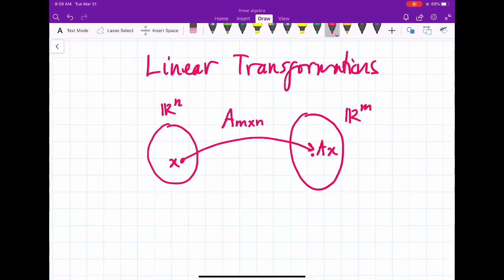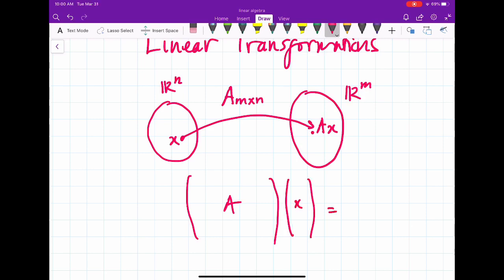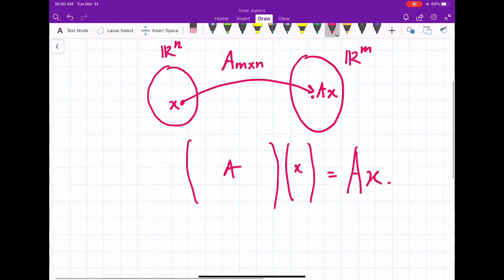Okay, look at this picture. Suppose that we have a matrix A of size m by n, meaning A has m rows and n columns. If you want to apply matrix A to some vector x, then you get a vector Ax. So what is the size of the vector x?